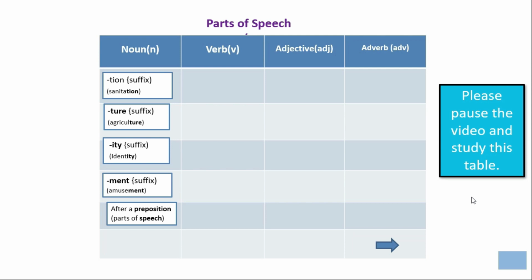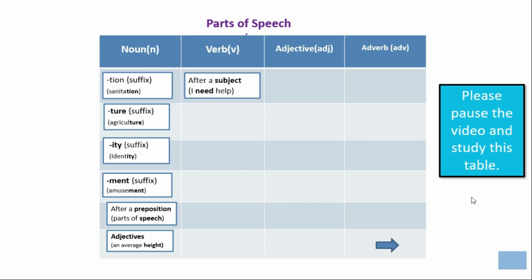So when a word comes after a preposition, we know that it is indeed a noun, like in the statement, parts of speech. And also when we have an adjective, as we have here, average, this lets us know that height is a noun, an average height, because average is an adjective and adjectives are linked to nouns.